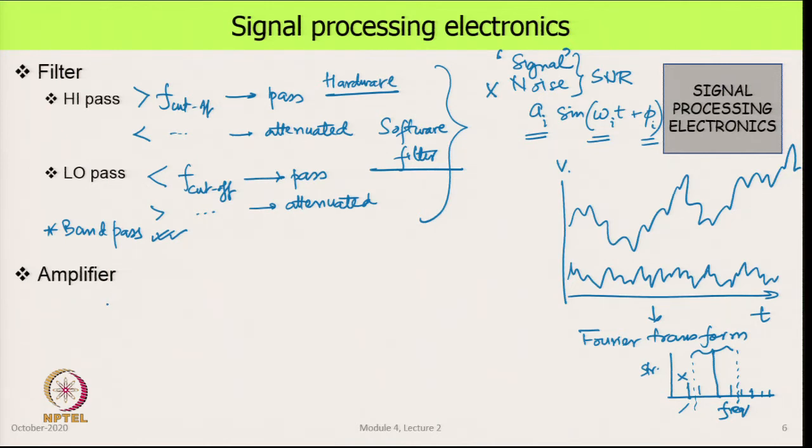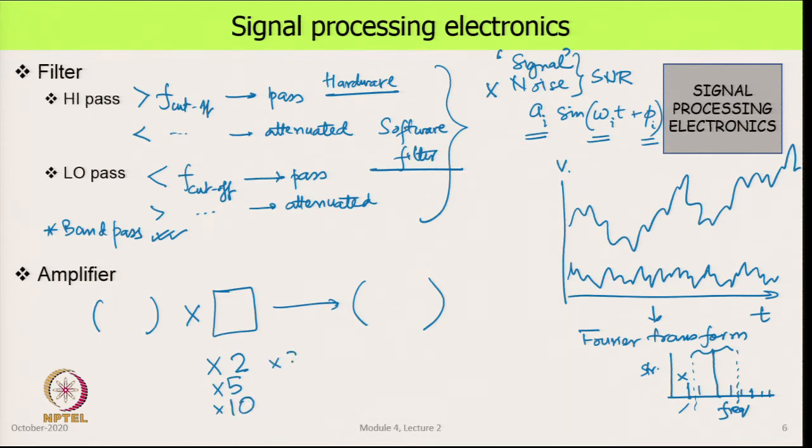The amplifier, as the name suggests, it just takes an input signal of some value, multiplies it by some value and outputs the signal. So, at any instant, whatever was the value of the signal, it got multiplied by this. Classical hardware amplifiers, these were like 2 times multiplication or 5, 10, and then they would go in the same order.